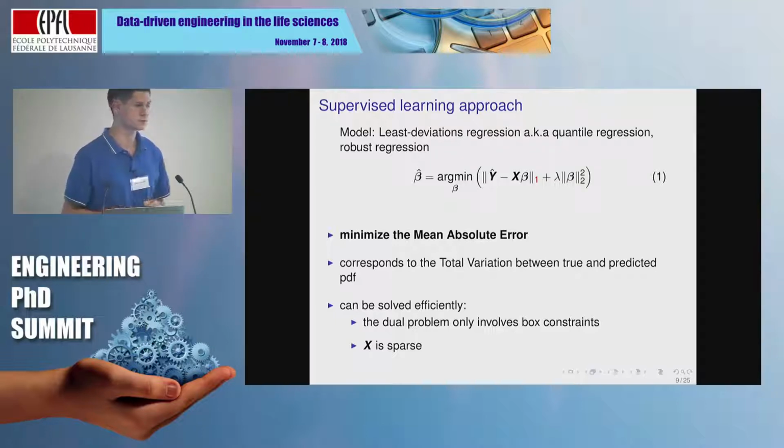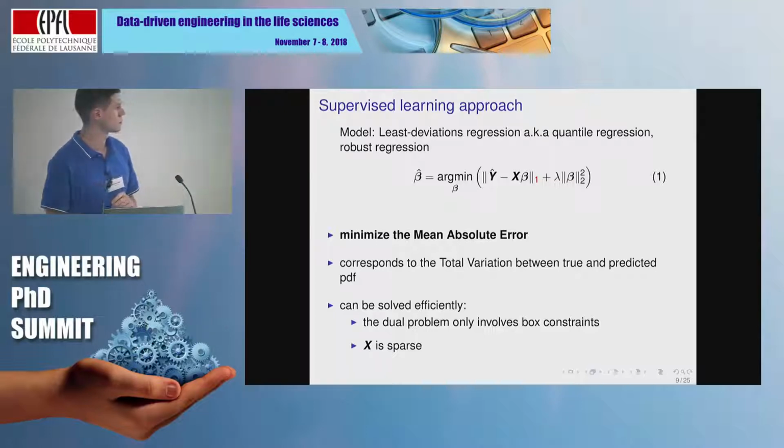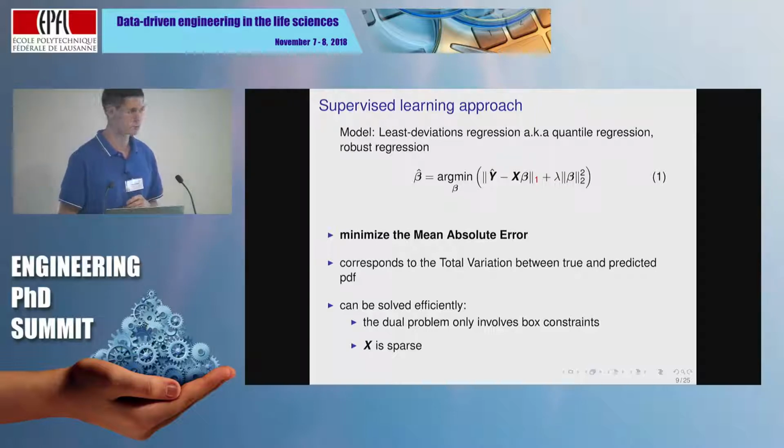So that's not the spatial total variation we heard about before, but the total variation between two distributions, which in discrete spaces is the L1 norm of the error. And it looks a bit weird because of the kink of the L1 norm, but the dual of this problem is smooth with box constraint, and it can be solved very easily.